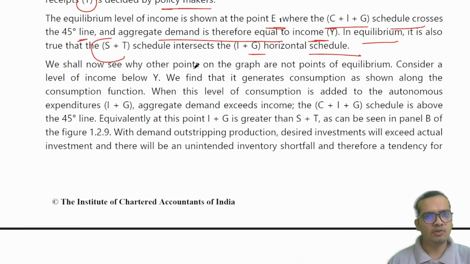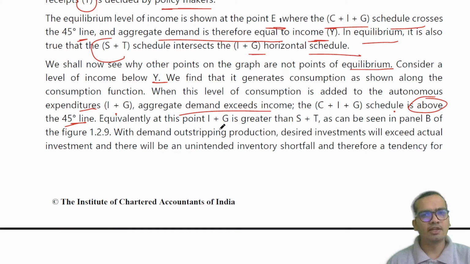We shall now see why other points on the graph are not points of equilibrium. Consider a level of income below Y. We find that it generates consumption as shown along the consumption function. When the level of consumption is added to the autonomous expenditure, that is I plus G, aggregate demand exceeds income, so the C plus I plus G schedule is above the 45-degree line.